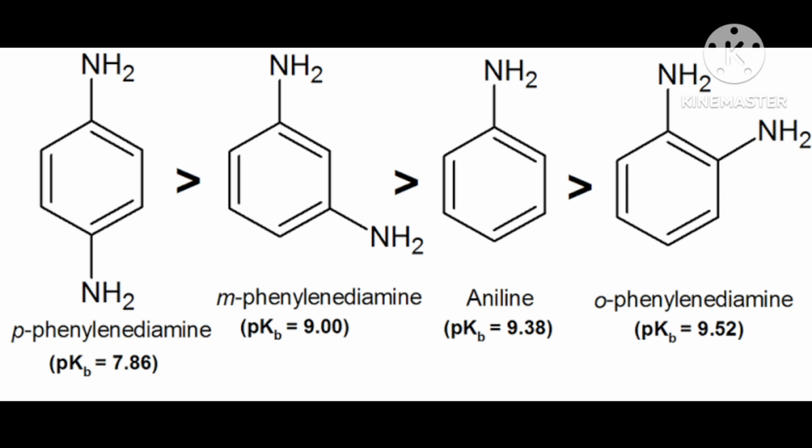The more stable the cation is relative to the amine, more basic is the amine. Means if positive charge is created more stably, then it means more basic. If cation is more stable, after losing the electron, the more stable the cation is relative to the amine, more basic is the amine.